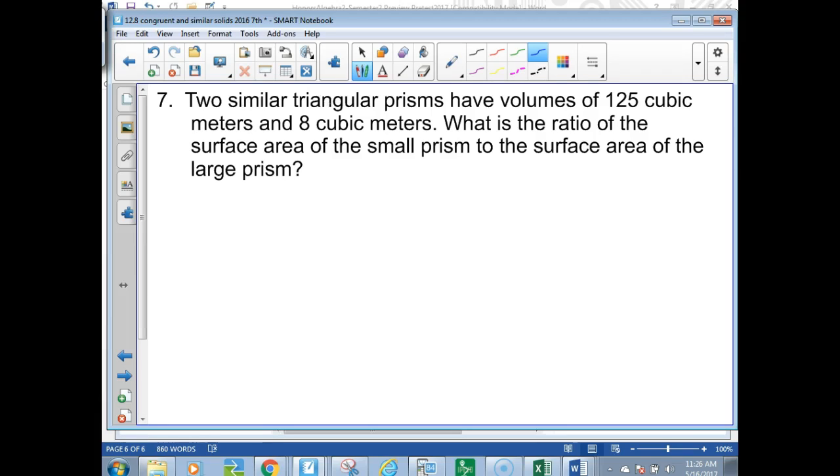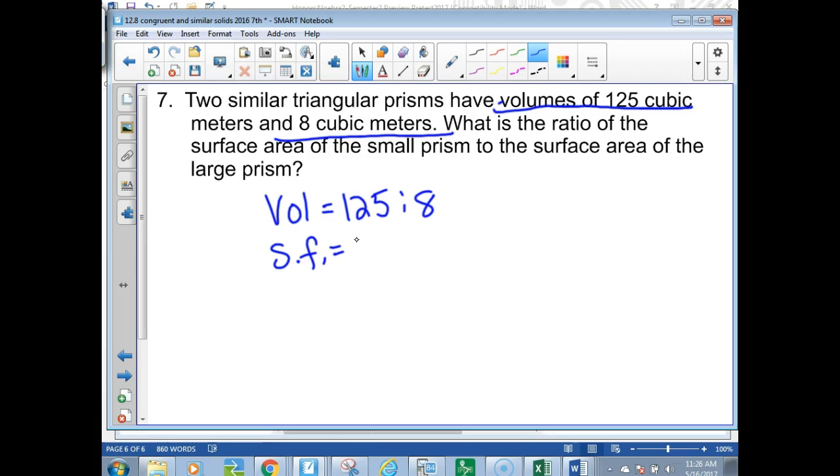Two similar triangular prisms have volumes of, now we're given the volume. So if the volume ratio is 125 to 8, what is the ratio of the surface area? First, we have to go back to the scale factor. So the volumes are 125 to 8.